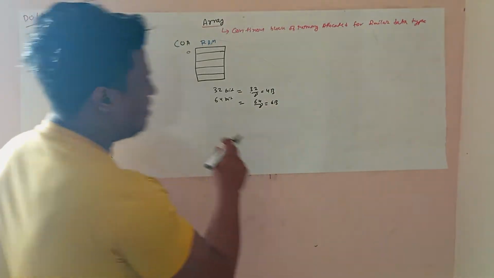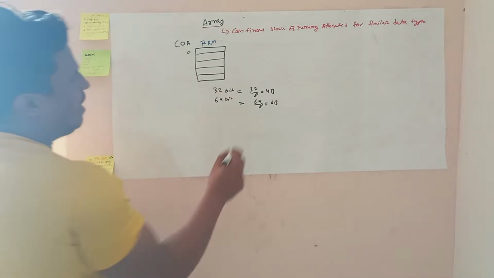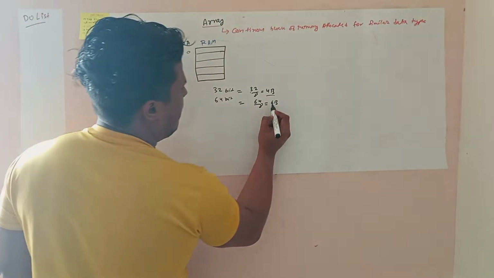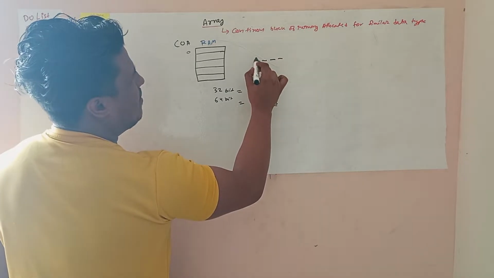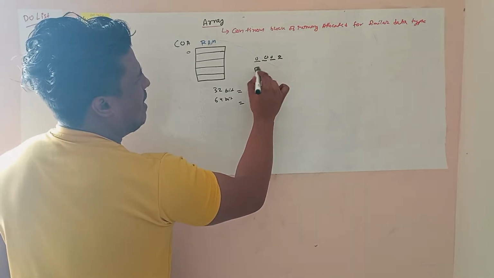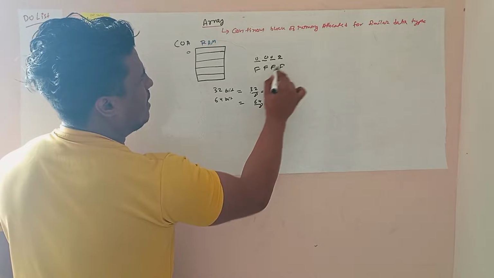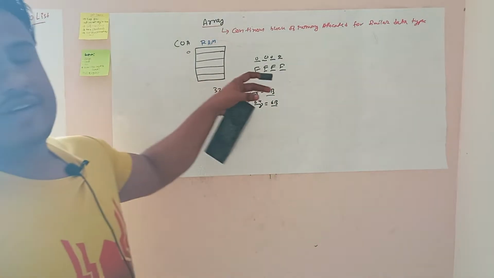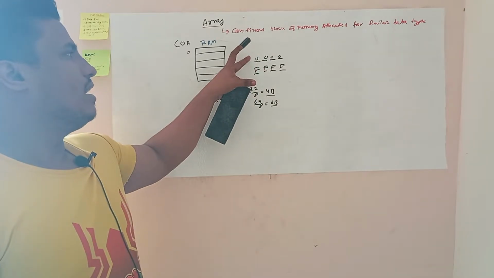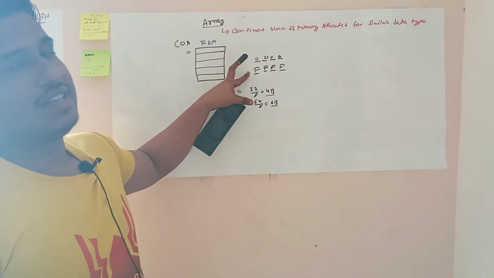So depending on the type of system you are using, the address can be 4 byte or 8 byte. 4 bytes will represent from 00000 to FFFF, like that. It's a hexadecimal. This is the way our memory is conceptually visualized.